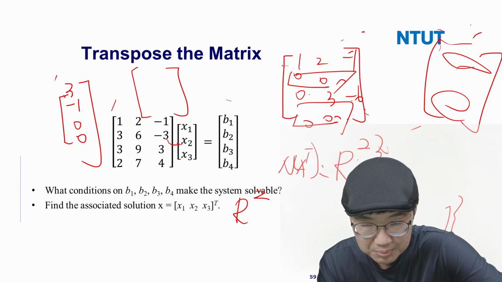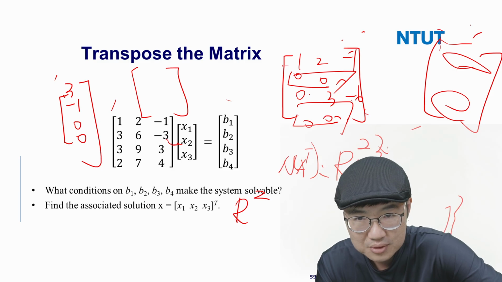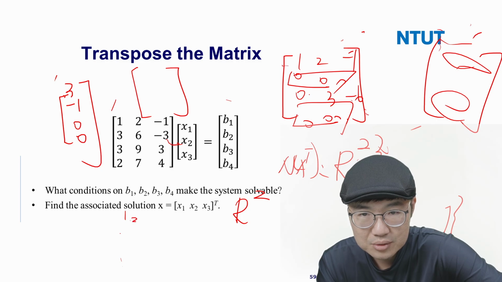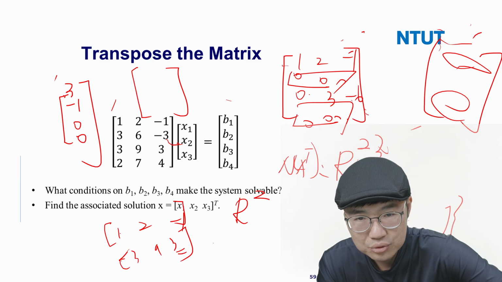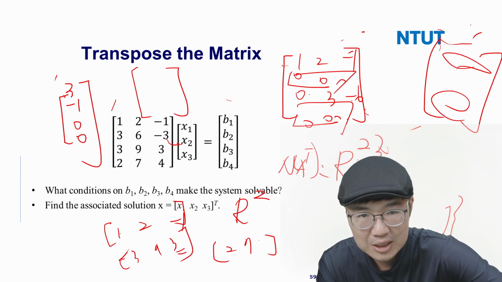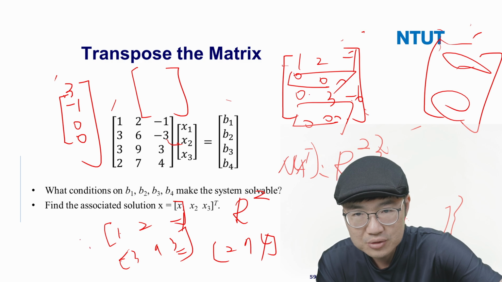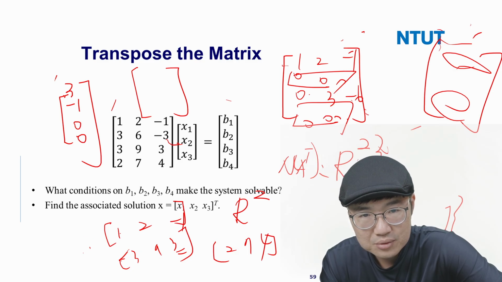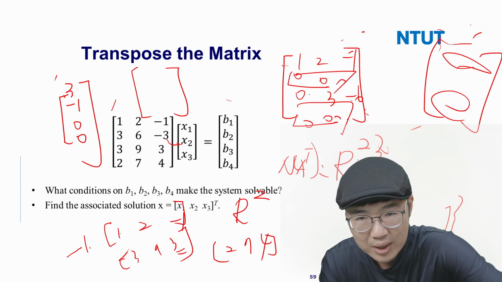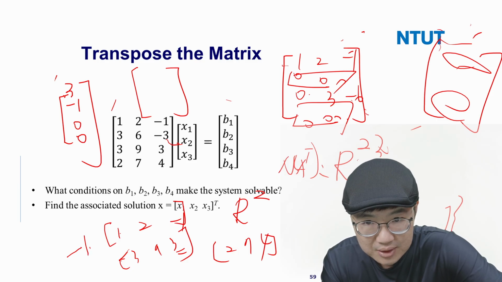And how about the third row? Yeah, let me check. 1, 2, 1, 2, minus 1, and 3, 9, 3. How do I get to 2, 7, 4 here if I select minus 1 in the first place? Or something else, for example, minus 1 would be great, right?